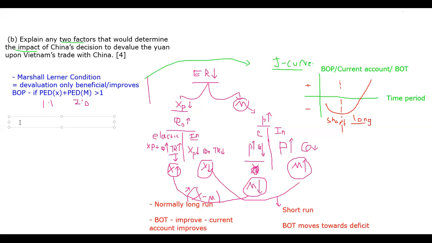Say if China meets the Marshall-Lerner condition, it will enjoy a surplus, while Vietnam, which is actually the question, suffers a BOT deficit.